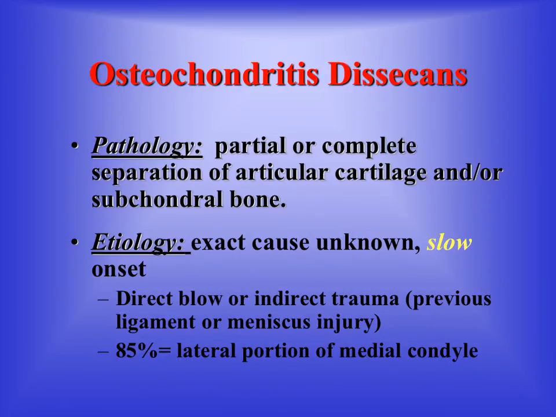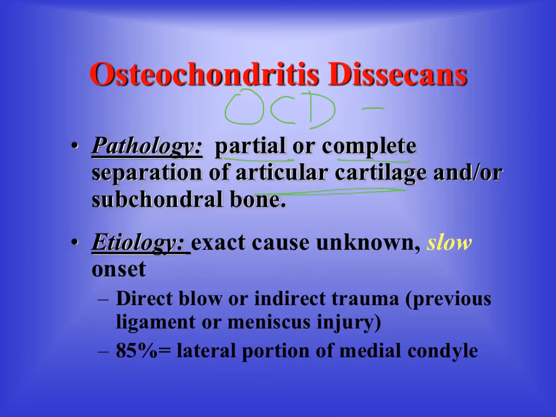So the next pathology is osteochondritis dissecans, or what we would call an OCD, or in some cases maybe even a loose body. And so with this particular pathology, what happens is you have a partial or complete separation of articular cartilage. So that's the cartilage that would be lining the bones.